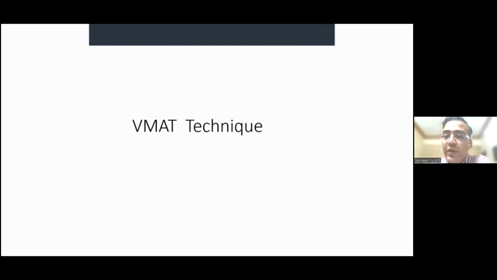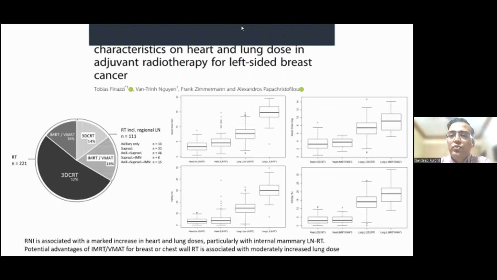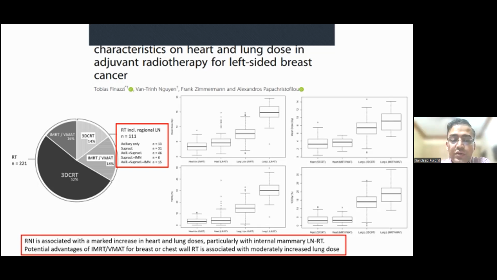After this came the VMAT technique. So with the VMAT technique, it was shown that in the patients who were given regional nodal irradiation, and they included the internal mammary, supraclavicular and axillary lymph node, the regional nodal irradiation was associated with a marked increase in heart and lung doses.